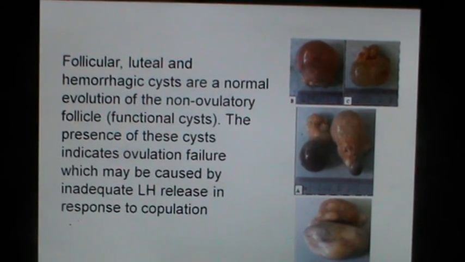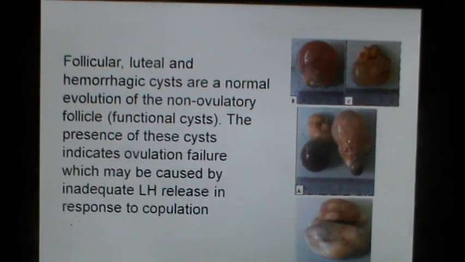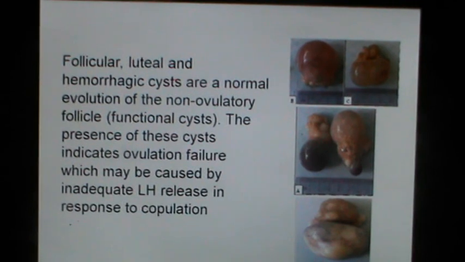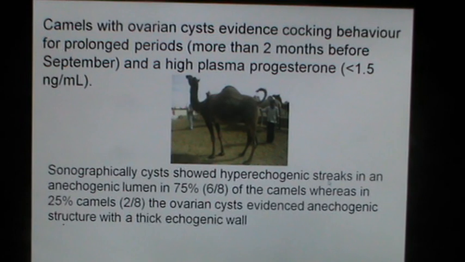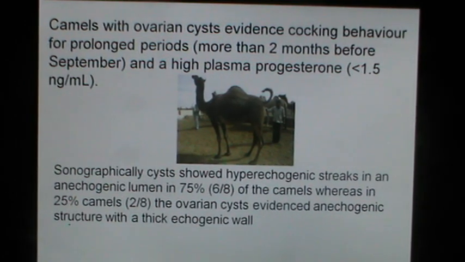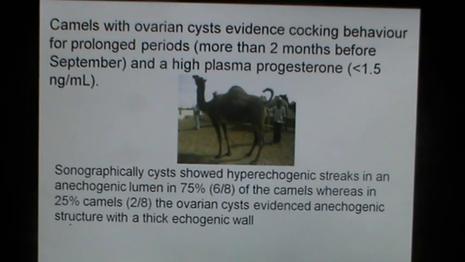You can see here in these pictures, these are the follicular cysts, these are the hemorrhagic cysts having blood inside, and these are the luteal cysts on the camel ovaries. Camels with ovarian cysts evidence a cocking behavior for prolonged periods, more than 2 months, and a high plasma progesterone profile greater than 1.5 nanogram per ml.